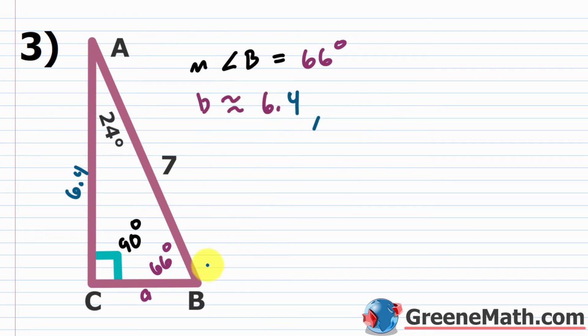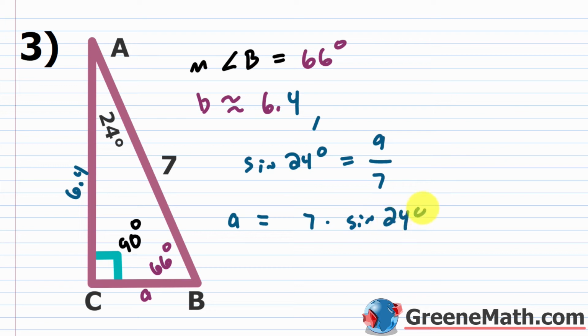So the other one we need to figure out is this A here. Again, you can use this angle or this angle, whatever you want to do. I think it's probably easier just to use this angle here and say that the sine of 24 degrees is going to be equal to this A over, again, the hypotenuse, which is 7. So multiply both sides by 7, and you would get that A is equal to 7 times the sine of 24 degrees.